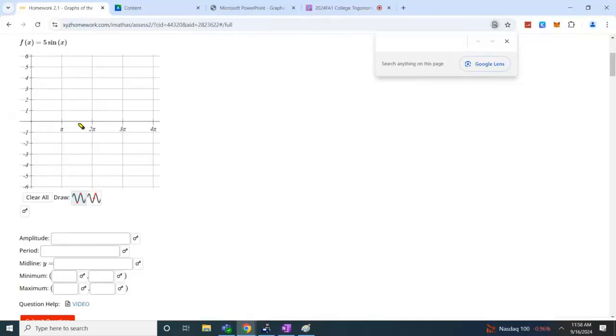So I believe that's going to be here. And then I'm going to plot my maximum point.